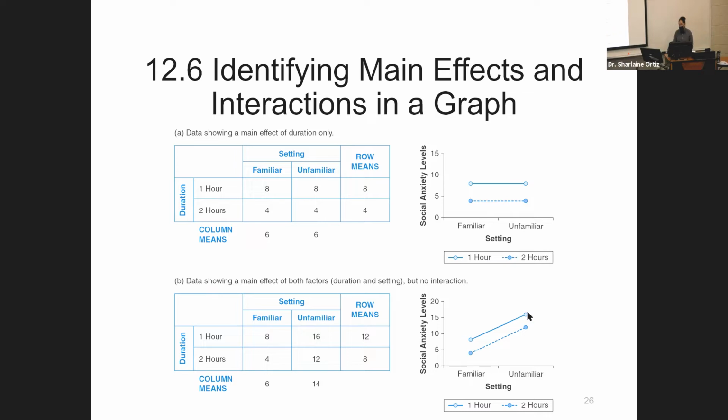Quite the contrary. What's going to happen if you are expecting an interaction, say for example, you're looking into familiar and 1 hour, notice that if there was a specific interaction between a familiar setting and being there for an hour, these lines would not remain parallel. Quite the contrary, these lines would actually cross.